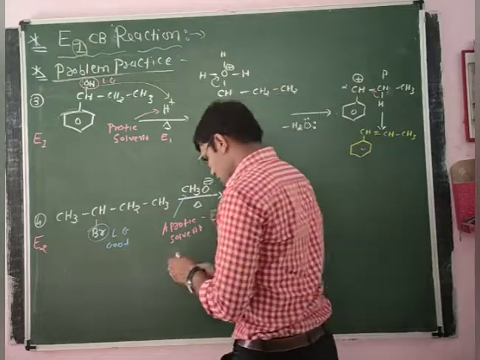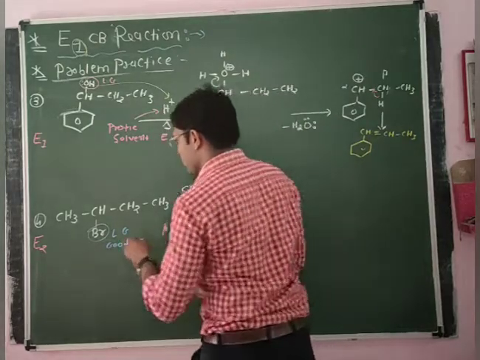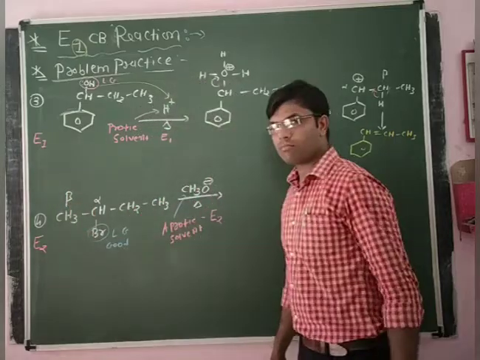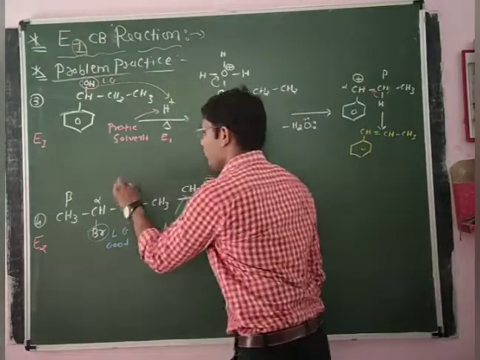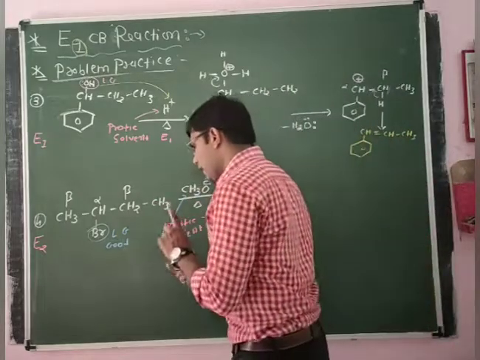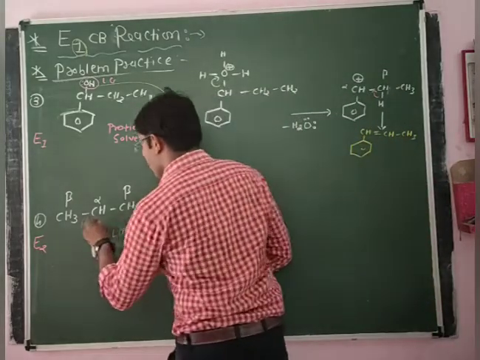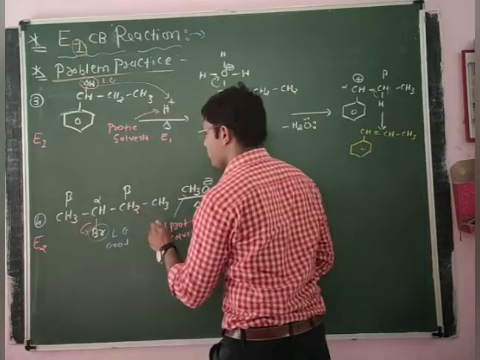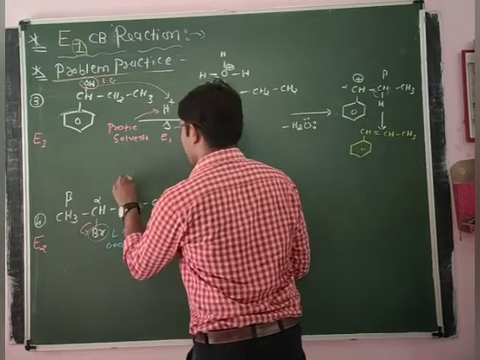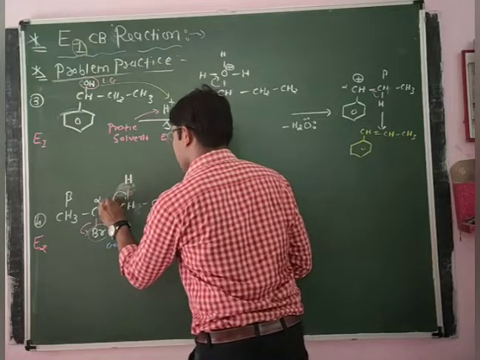And you know very well, this one is our alpha and this one is beta, and this is also beta. In the E2 mechanism, the beta hydrogen as well as the leaving group are both removed simultaneously, and the Z product is our major product.